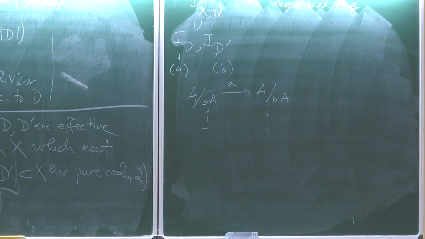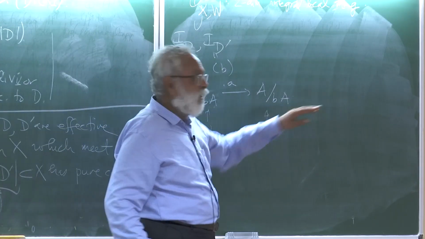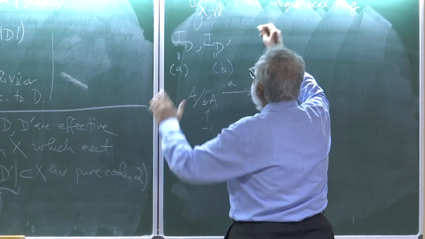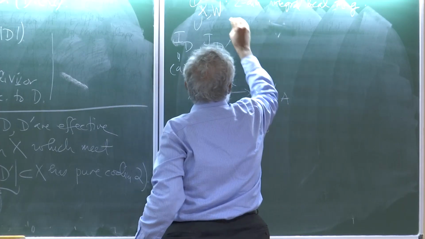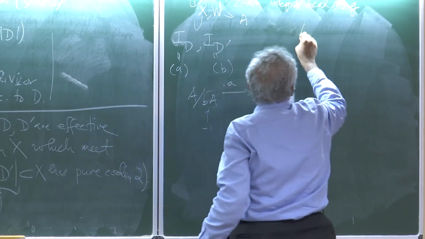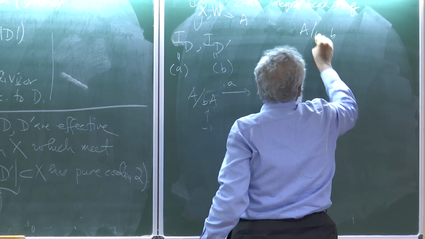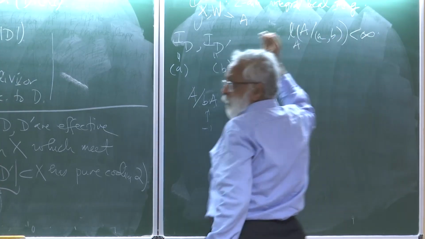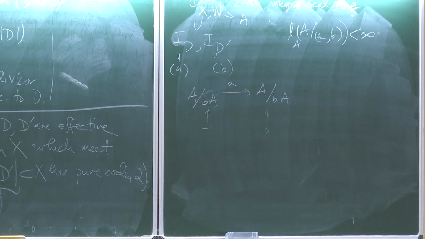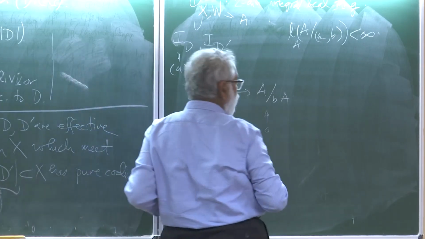Okay? If I think of this chain complex, there's a certain quotient here. What am I also given? I'm given that W is an irreducible component, which means that if I call A this ring, then A mod (a,b), the length is finite. That's what you mean by saying W is an irreducible component of the intersection. And then associated to that finite length thing, I can write, for example, this complex.